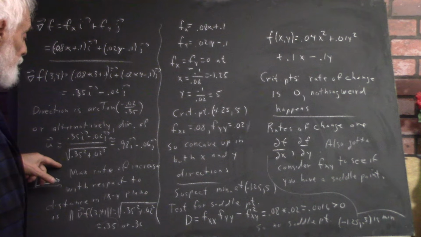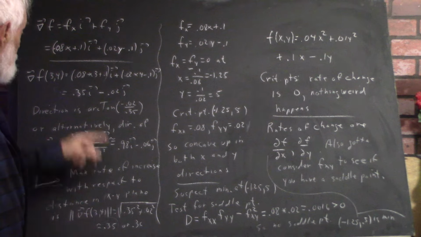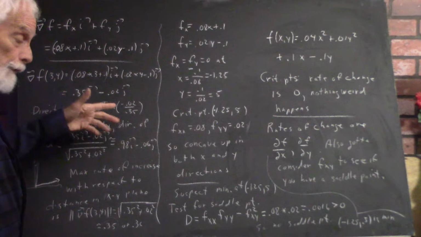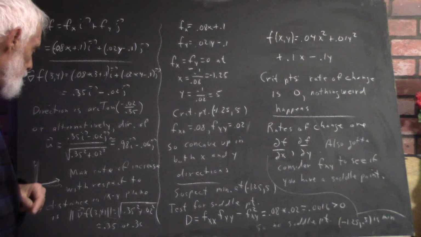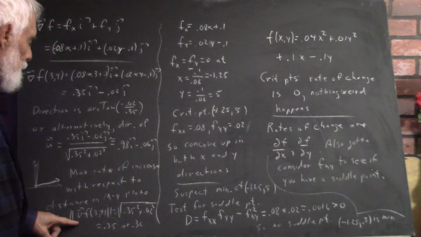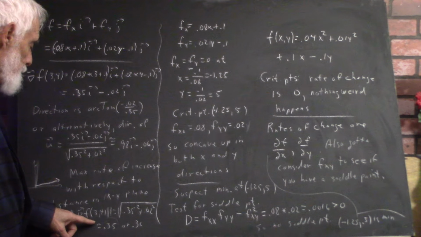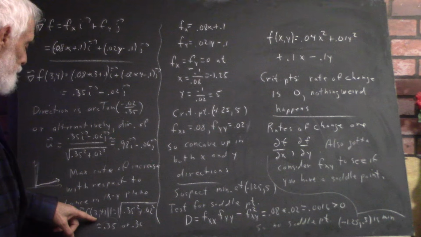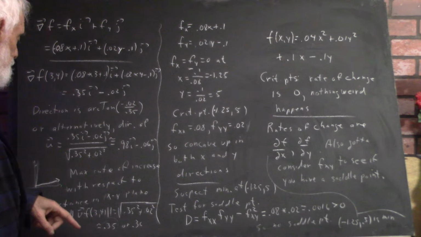The maximum rate of increase with respect to distance in the xy plane: if you move in the direction of this unit vector, or at this angle, then your instantaneous rate of change with respect to distance is the gradient evaluated at the point 3, 4. That's the instantaneous rate of change in the direction of maximum increase.